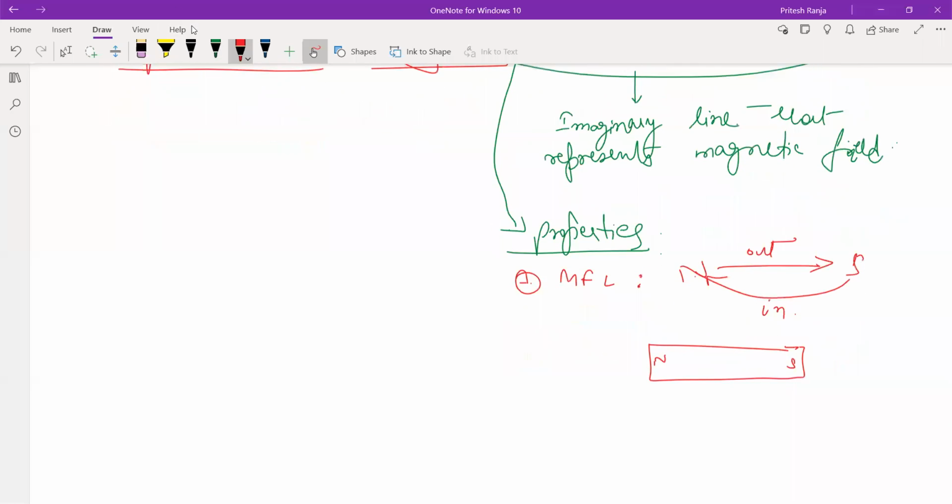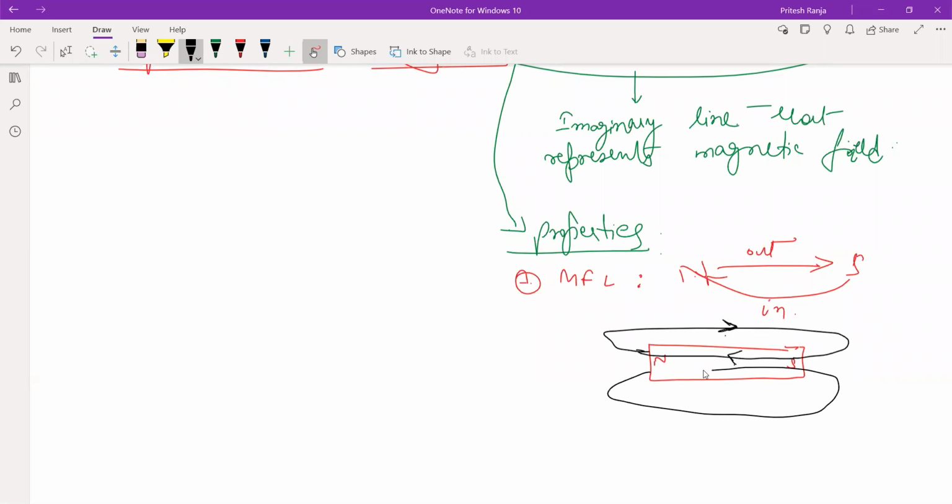How will I draw the magnetic field lines? The lines will come from north and go to the south. So in the books, you will see only this much information is mentioned, but actually it is a closed loop. So inside it will be south to north. Everywhere you can draw like this. And it is to be noted that no two magnetic field lines intersect at any point.